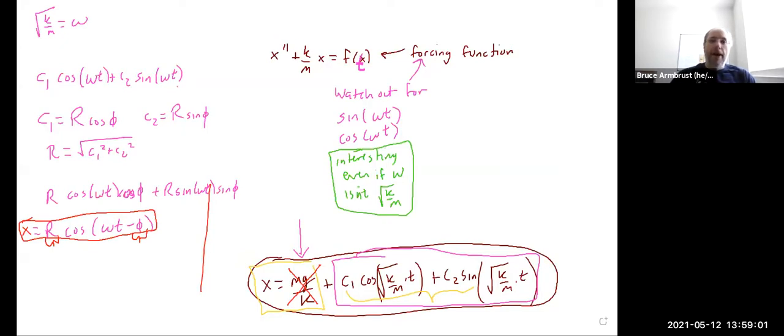All right, so let's start with what happens if it's exactly the same. What if we've got a forcing function that has the same frequency as our homogeneous set? So let's think about what the solution is going to look like. Let me erase over here.